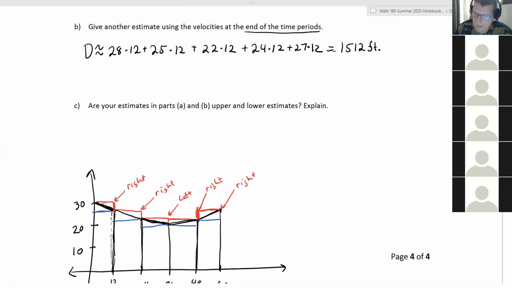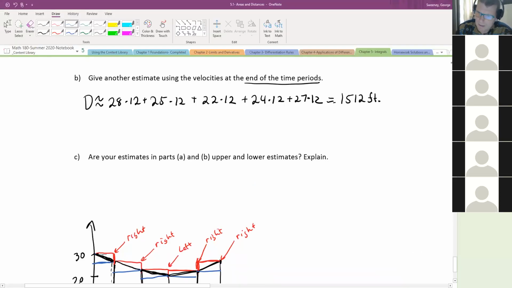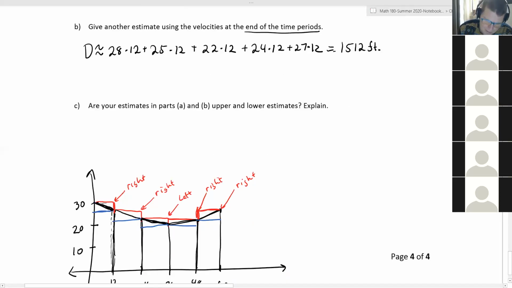We look at the blue ones. On the blue ones, here's left for the blue. This one here now is, oh, this one actually was left, wasn't it? That was left. This one's right.